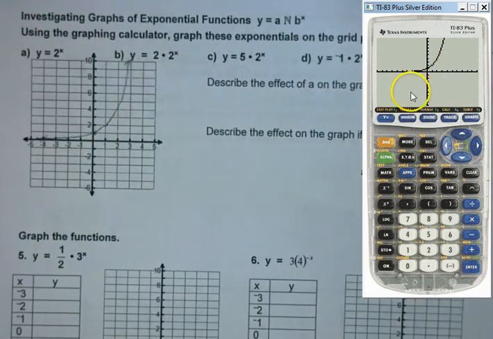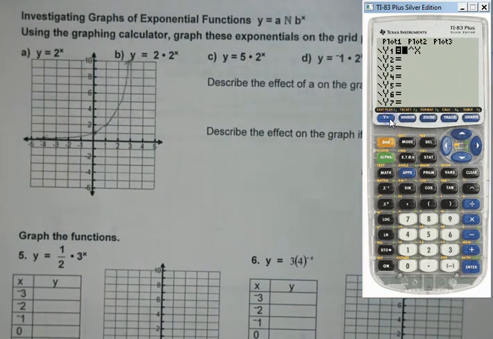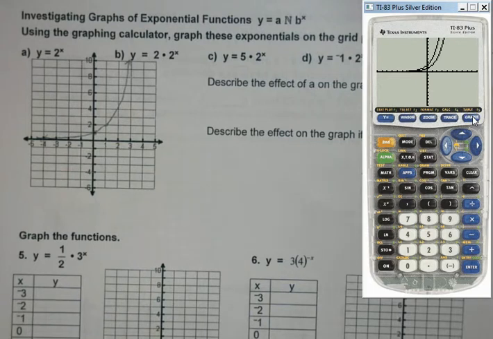But now, let's keep that one. Let's go down to the second one. And we've got 2 times 2 to the x. Now let's see what happens with the second one. Okay, it looks like it's still approaching 0 to the left. Where's the intercept now?